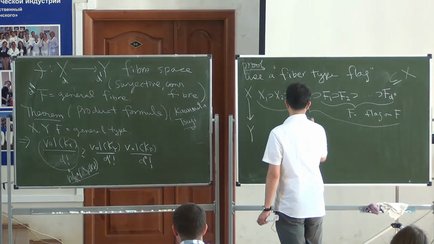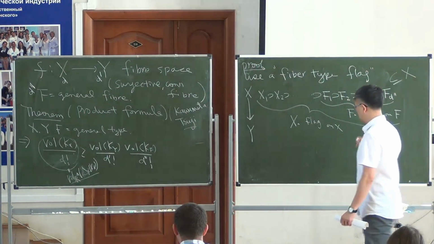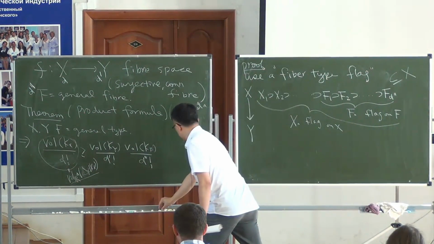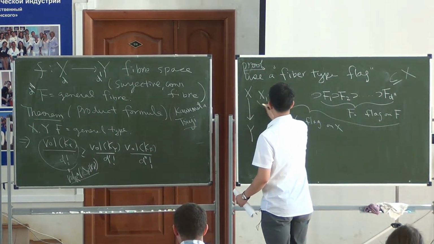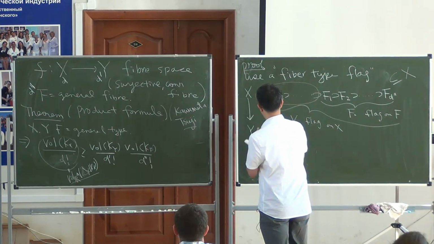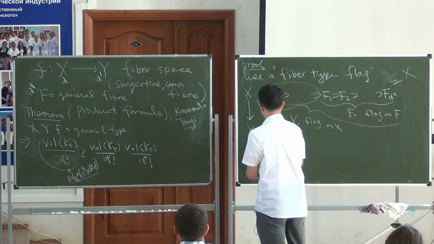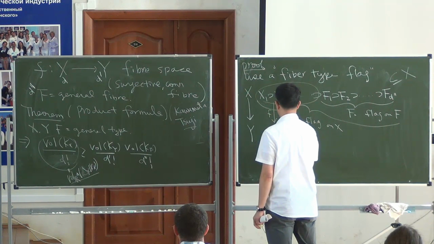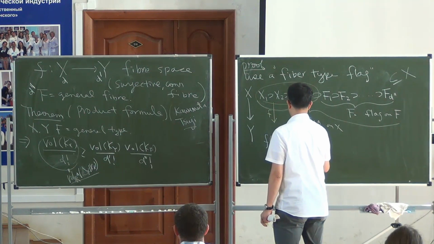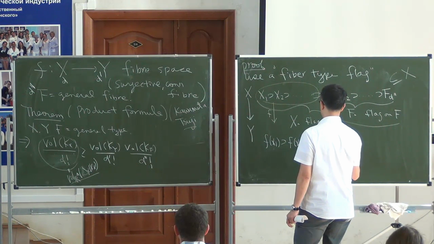Now this is a flag on X, and it should also satisfy one more property. You push it down by f, and then you have f(X1), f(X2), and so on.